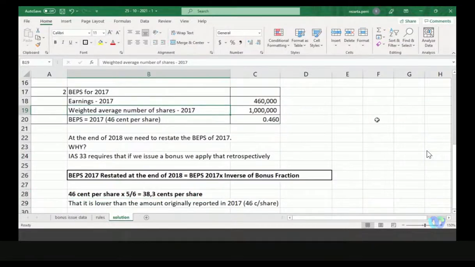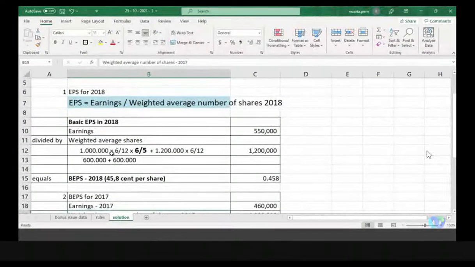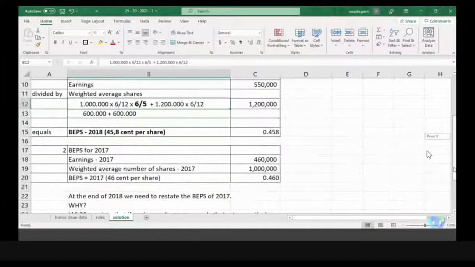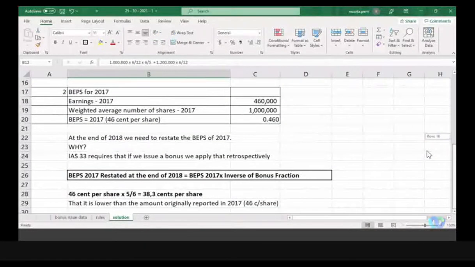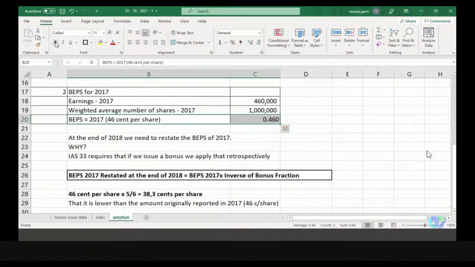First, to calculate a correct weighted number of shares for the current year, and then the inverse of the bonus fraction to restate the amount of the earnings per share for the previous year. So this is what we stated in 2017, but taking into account that we issued a bonus during 2018, this will also affect the figures for the previous year.